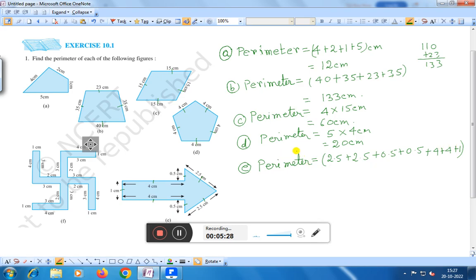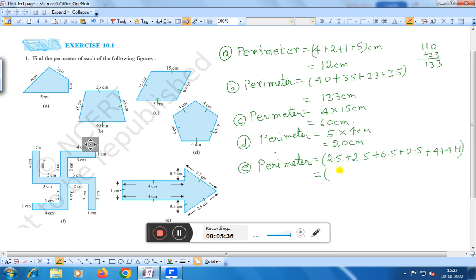Okay, now if you add all the numbers, 2.5 plus 2.5 is 5, 0.5 plus 0.5 is 1.0, and 4 plus 4 plus 1 is 9. If you add all the numbers, 5 plus 1 is 6, 6 plus 9 is 15 centimeter. This is the perimeter of figure E, right?